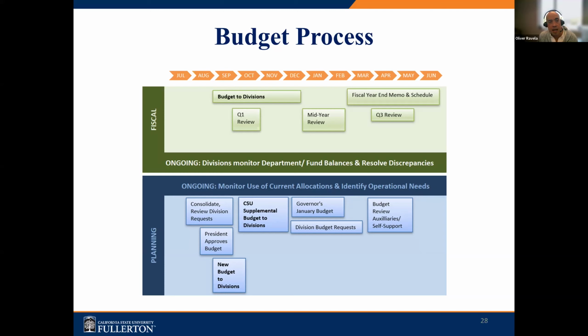Budget is allocated to divisions, and budget managers regularly review performance to the budget plan. The blue portion is more looking forward to next fiscal year, in which we collect information from divisions on where they identify their needs and what they want to have included in the following year's fiscal plan.